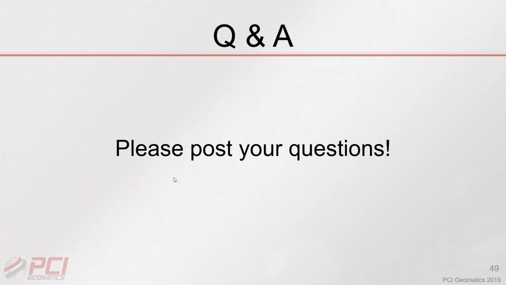We have another question about have we tried to generate the DSM from the NAIP imagery? That's an excellent question. I am not sure that the NAIP imagery is available in stereo.